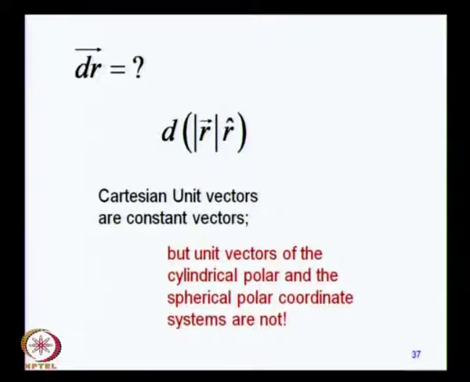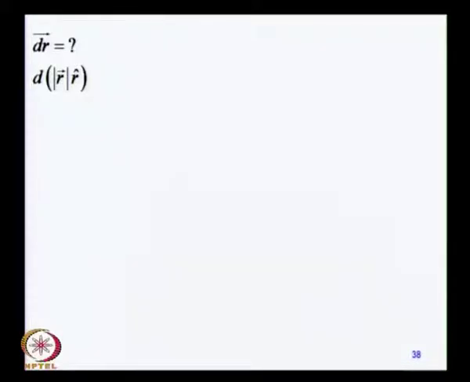Now, what is important is that when you consider the unit vectors in cylindrical polar coordinates or the spherical polar coordinates, they are not constant vectors. This is something that we have done in some details in unit 3, and therefore, changes in these unit vectors must be satisfactorily taken into account. So, let us see how to do that.